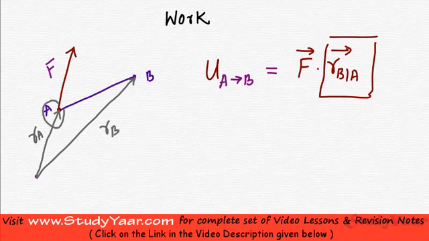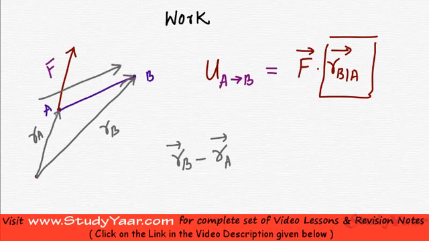This is the displacement of this point, and this is the displacement of this point. Therefore, displacement of B with respect to A is going to be RB minus RA, which is this vector. This is your RAB or RB with respect to A.